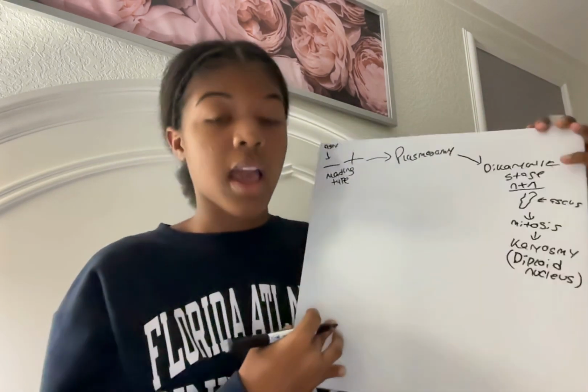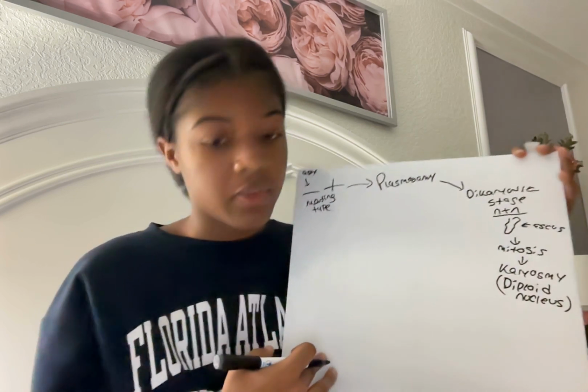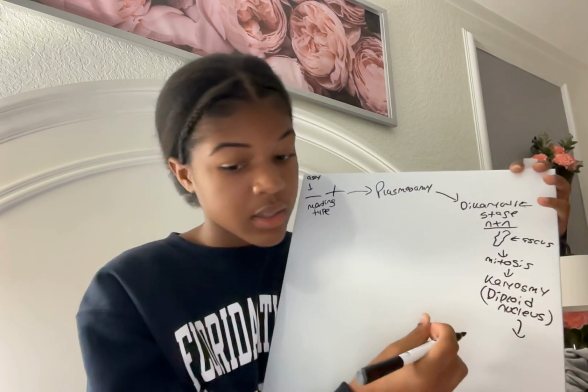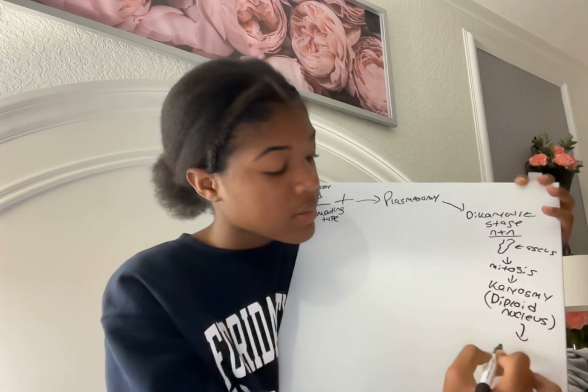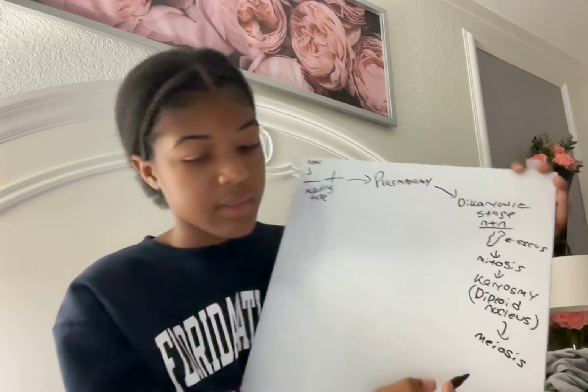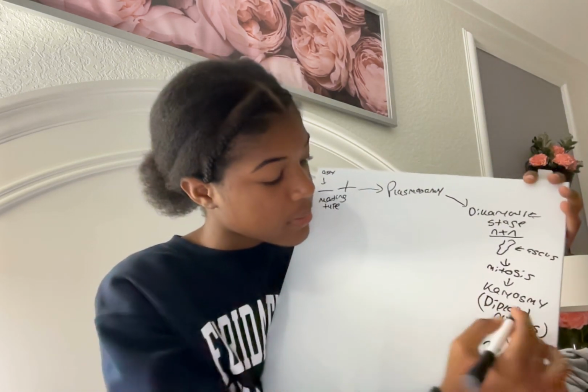But in Ascomycota, it doesn't stay diploid for very long, only a short amount of time. Then we go to meiosis, which gives genetic variation, and this is a zygote.